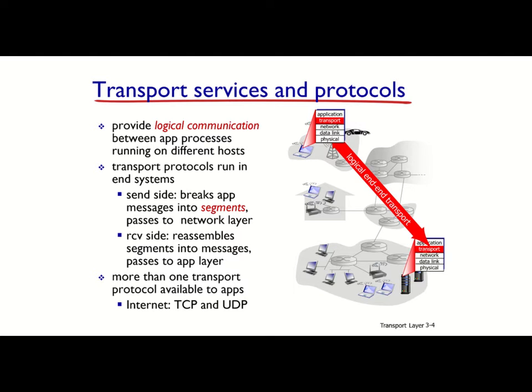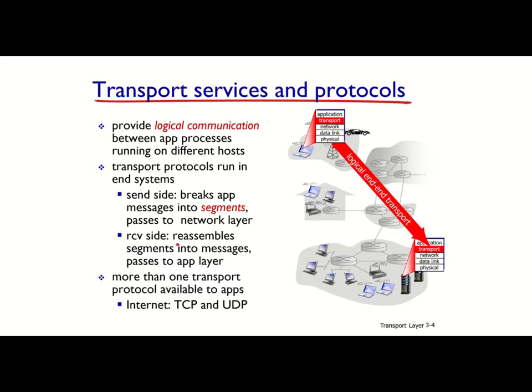First, the transport layer receives segments, and then it assembles those segments to reconstruct the app message that the sending side intended to send to the receiving side, to the receiving process.